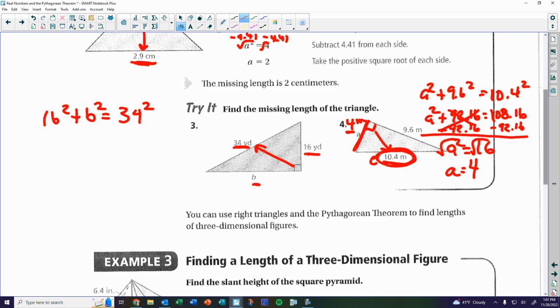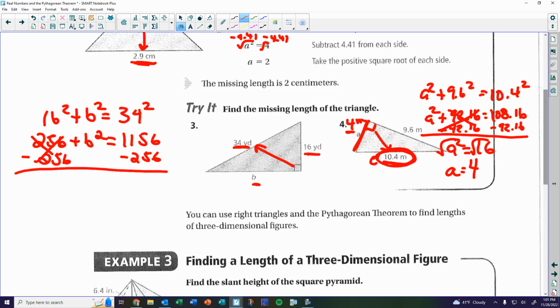Caesar? 256. And what's 34 squared? That's a big one. 1,156. So when I subtract 256 from both sides, I get b squared equals 900. So when I square root both sides, the square root of b squared is b, and the square root of 900 is 30. And there's your 30 yards.